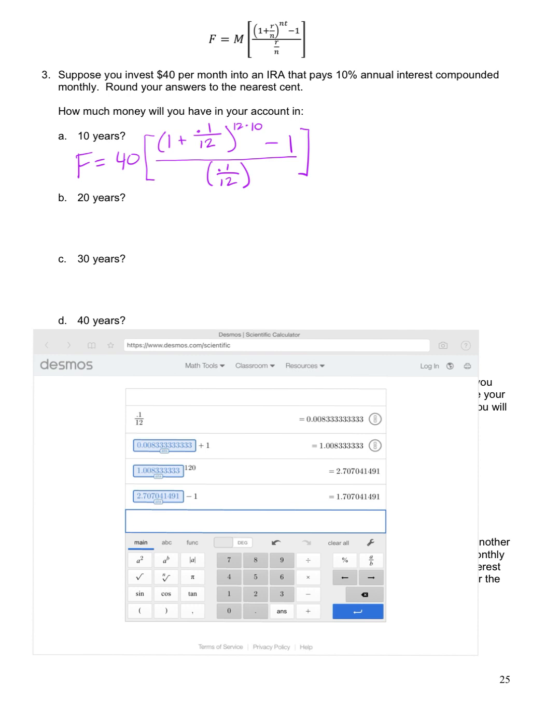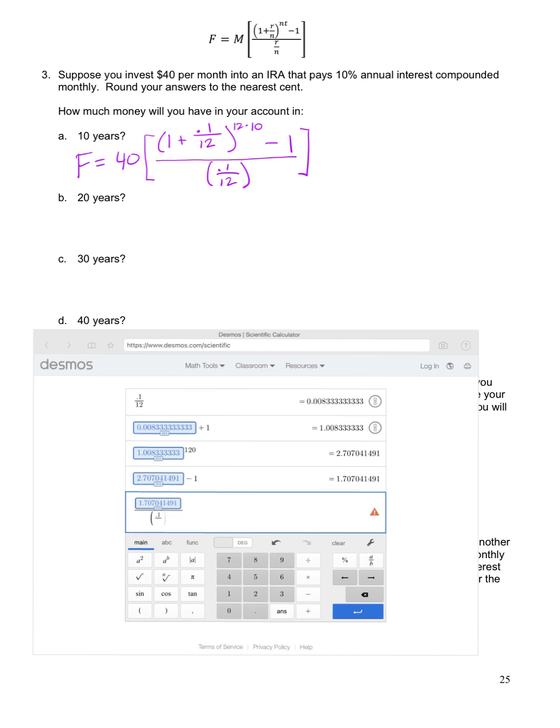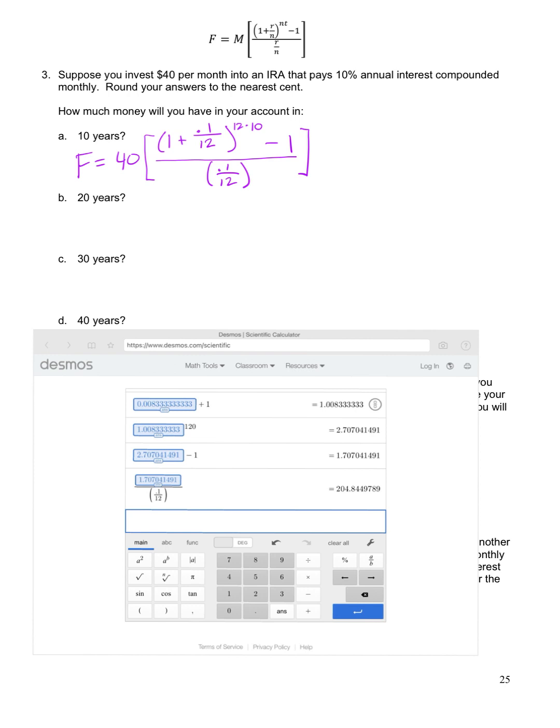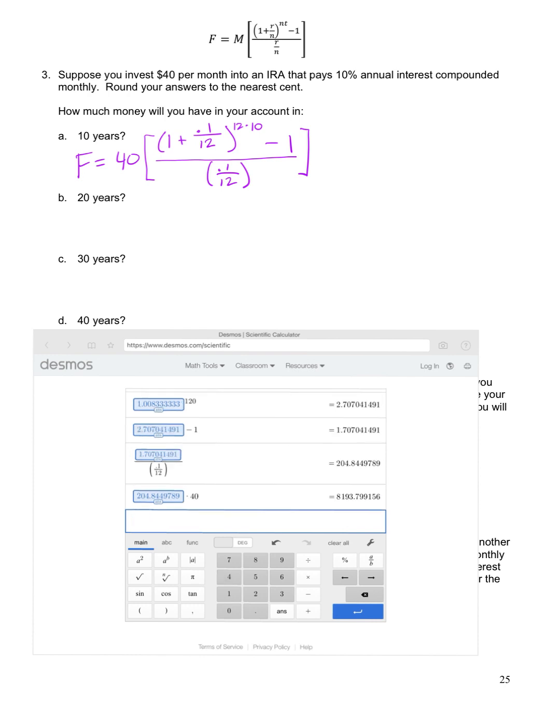So hit previous answer, divided by, and then I'm going to use some parentheses, 0.1 over 12, and hit enter. I get 204.844. Finally, I can multiply all of that by 40. Previous answer times 40, and I get 8193.79, so $8,193.80.